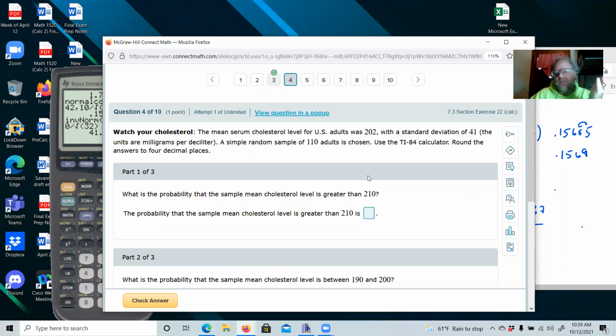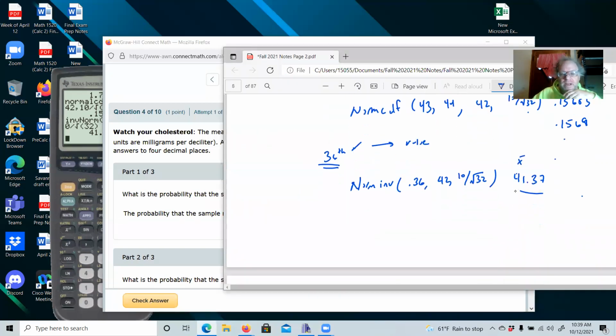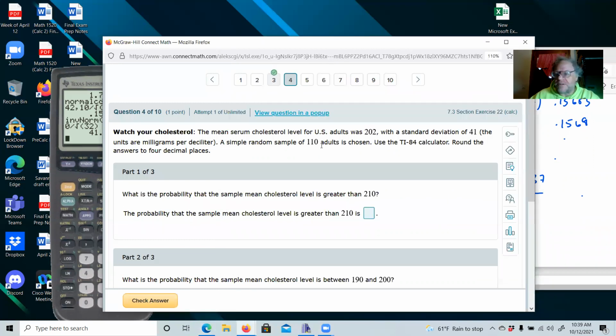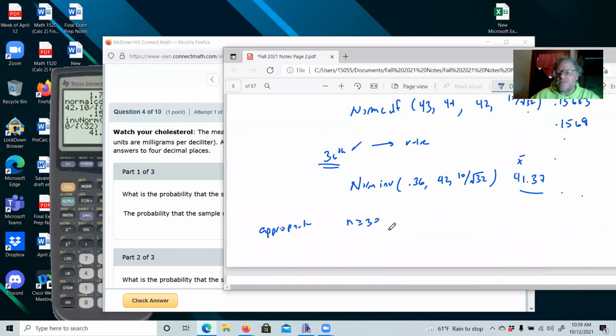So I'm going to ask you the same question: is it appropriate to use this? We don't know the underlying distribution, but is our sample size bigger than 30? Yes, we have 110 adults, that's bigger than 30, we're okay. So the CLT applies.